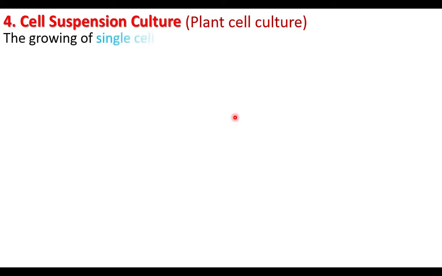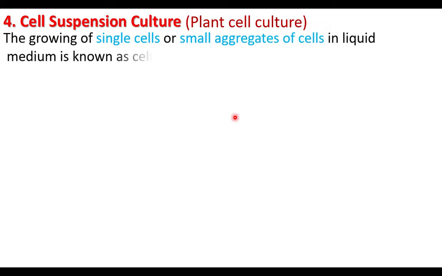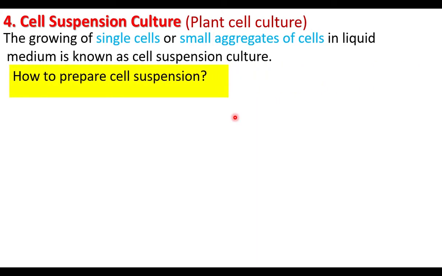The growing of single cells or small aggregates of cells in liquid medium is known as cell suspension culture. Cell suspensions are free cells suspended in a liquid medium. So liquid medium is used for cell suspension culture. How to prepare cell suspension? We have to remove cells from the callus to get cell suspension.